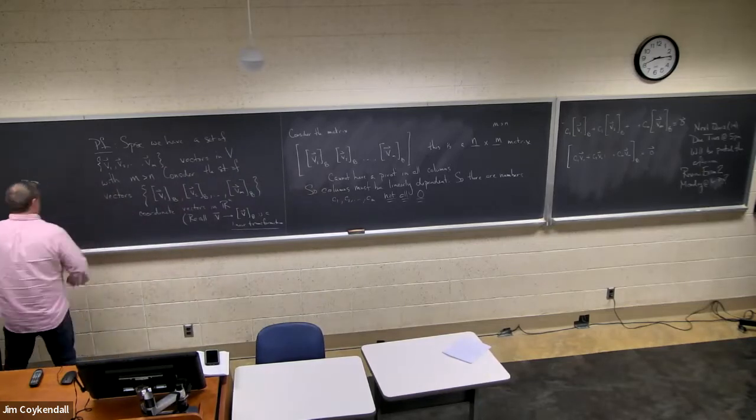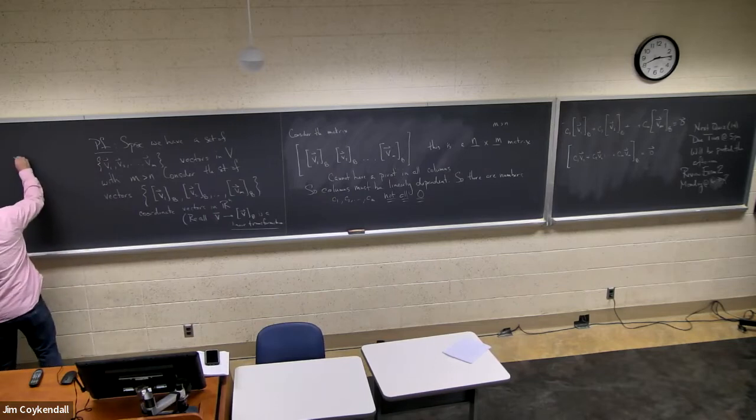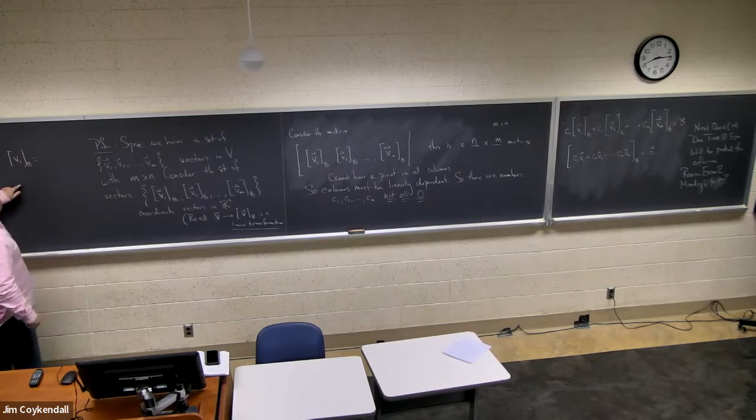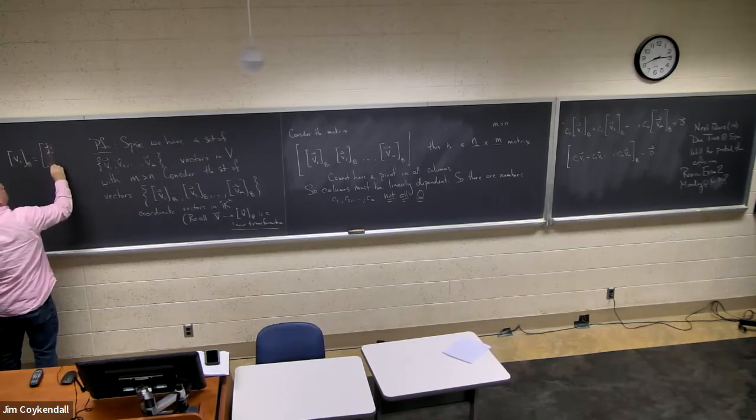The reason for this is, what does this mean? This is a list of numbers. Let me call this different here, D1, D2, ..., Dn.